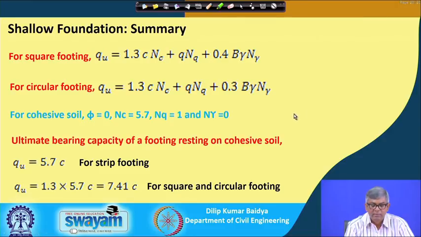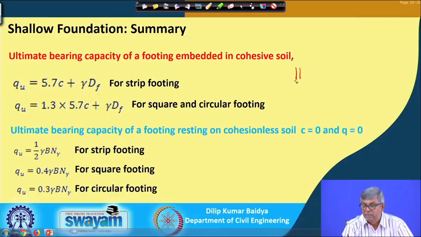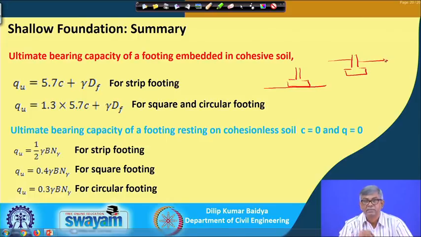Next is the ultimate bearing capacity of a footing embedded in cohesive soil. In the previous case I had taken a footing like this on the soil. Now I am considering the ultimate capacity of the footing embedded. This is the same cohesive soil, but now it is embedded.